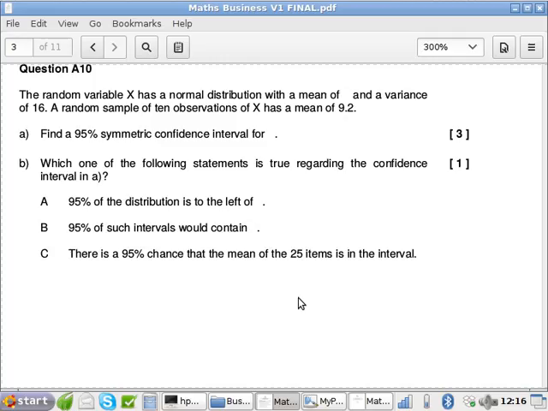We did it at the end of normal distribution. I don't know why the letter is missing. It should say, find the confidence interval for mu, the average. In other words, the question says, find the confidence interval.